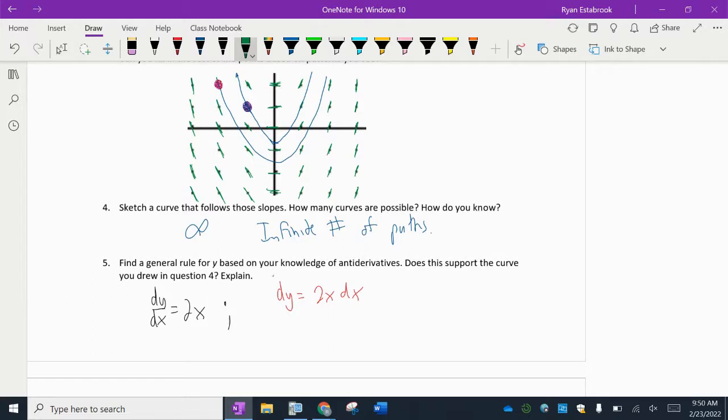So we're going to integrate both sides. And what's interesting is on the right side, you're integrating with respect to x because it says dx inside of this integral. So what is the integral of 2x dx? Almost. Plus c, right? It doesn't have any bounds on it, so it's not a definite integral.